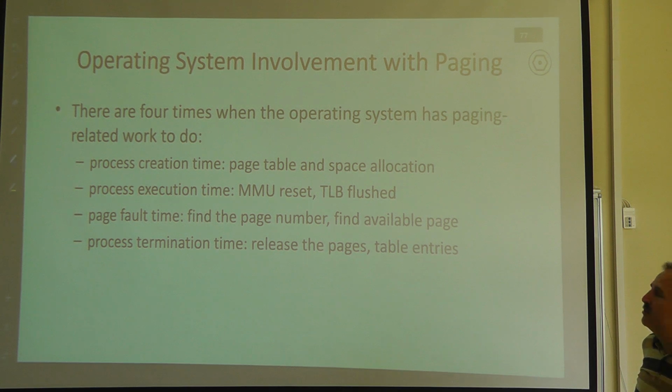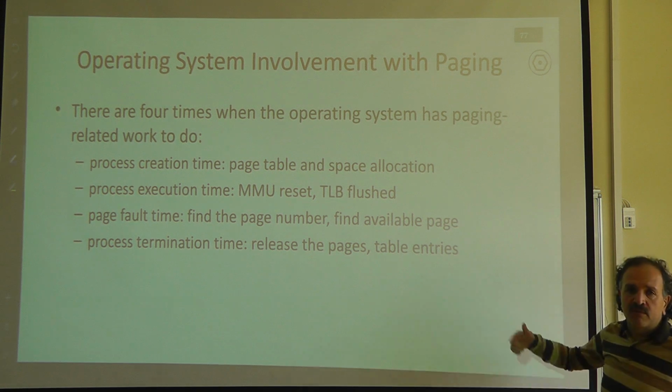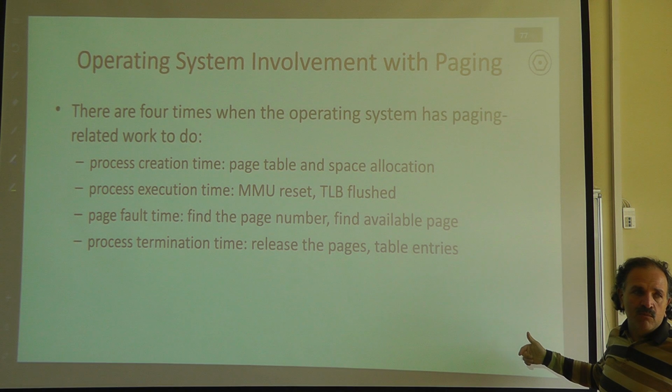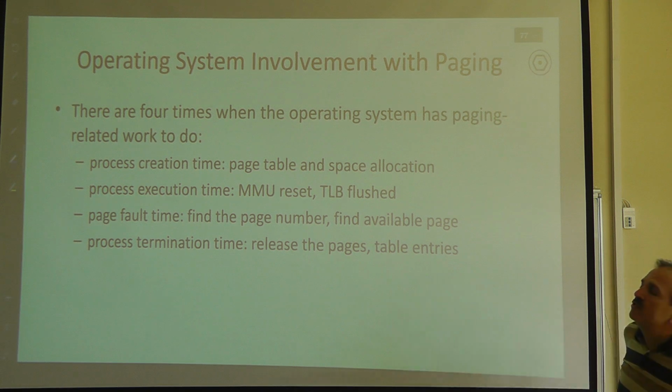No, because you are releasing all the memory. How about the execution time? When you are doing the context switch, do you run any page replacement? Why? After you did the context switch, when you are executing the new process, maybe you need more pages, but at process execution time, you don't run any page replacement.